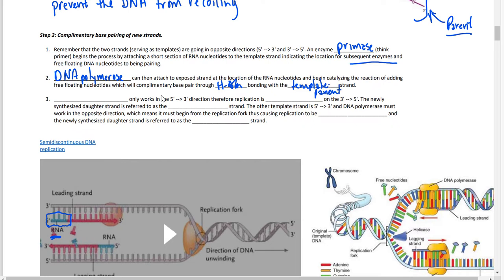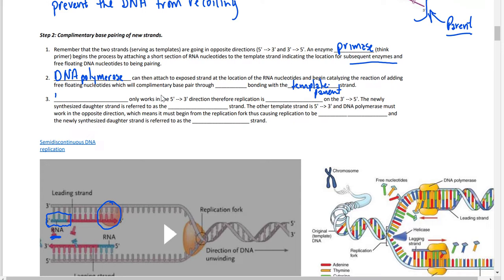Okay, so we've got first step, RNA primase comes in, attaching a few RNA nucleotides at the beginning in order to allow the DNA polymerase, this guy right here, to come in and attach and then start the DNA nucleotide base pairing.